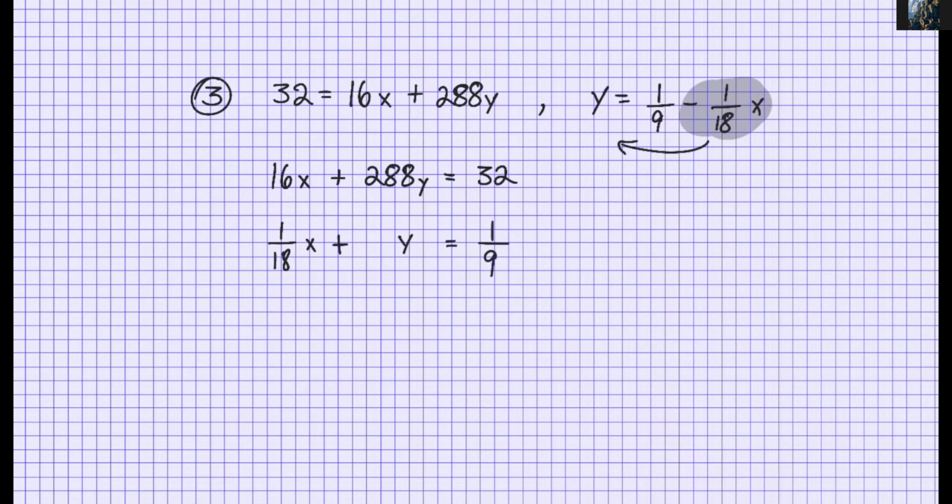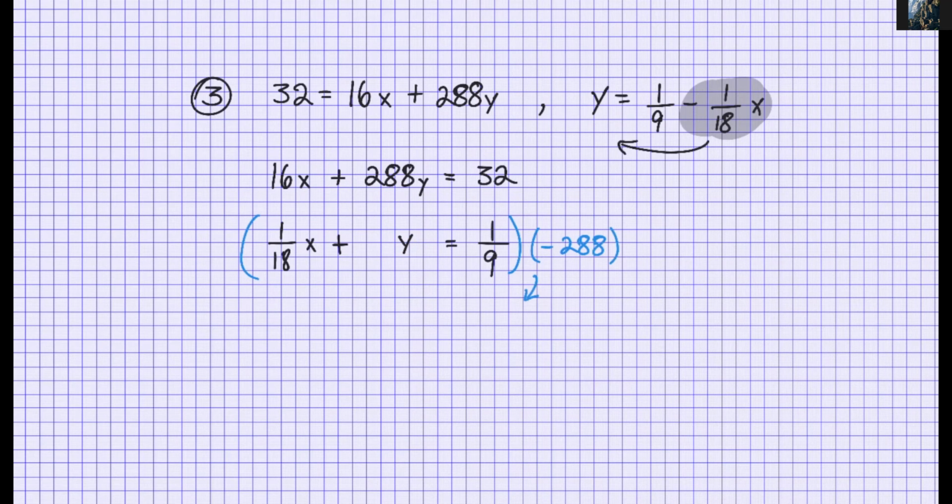Now, in this example, the easy way to go will be to modify this y. Right? We have 288 in here. It is positive. So that means that I have to multiply this whole equation times negative 288.